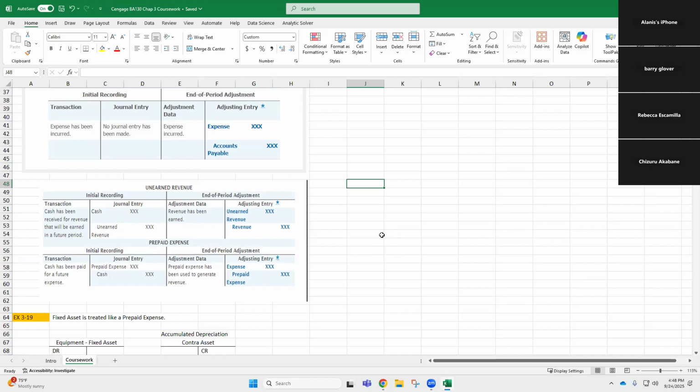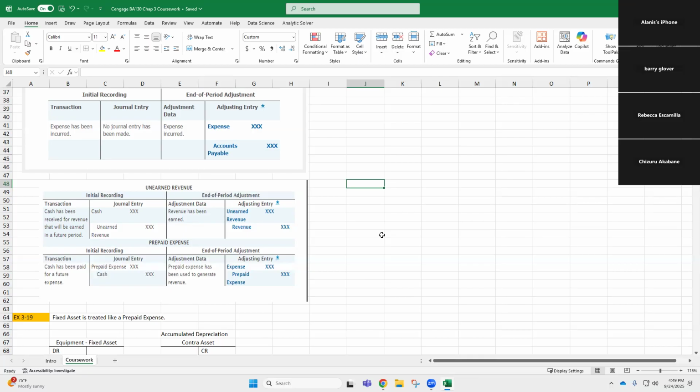Unearned rent received an adjustment. Accumulated depreciation received an adjustment. Fees earned received an adjustment. Wages payable, rent revenue, wages expense, flip page. Supplies expense, insurance expense, depreciation expense. There's where we posted all of those amounts.